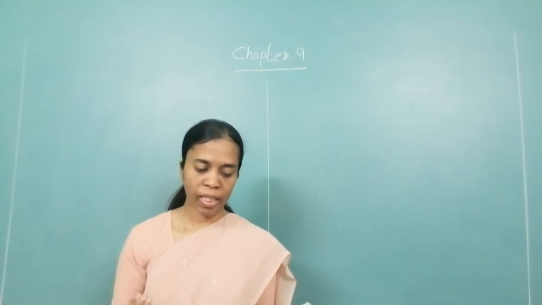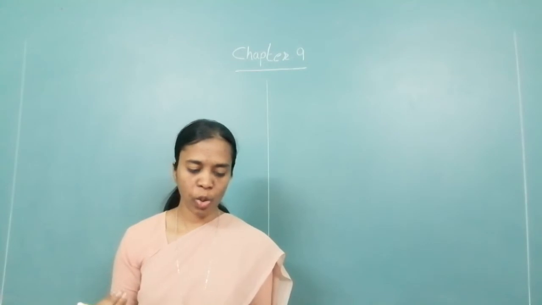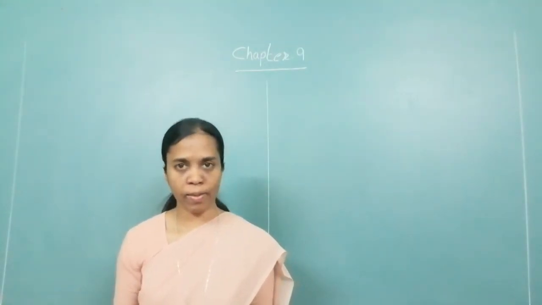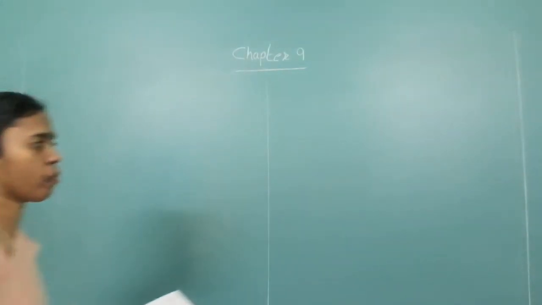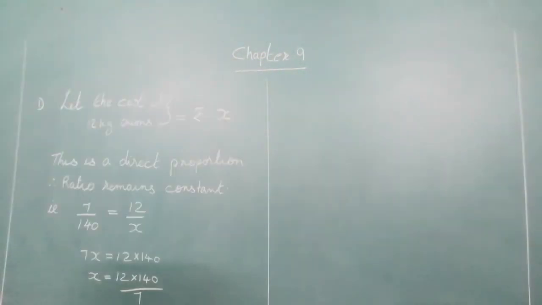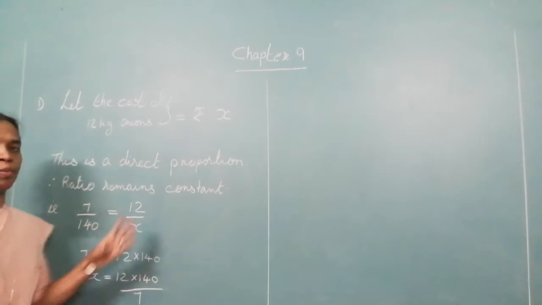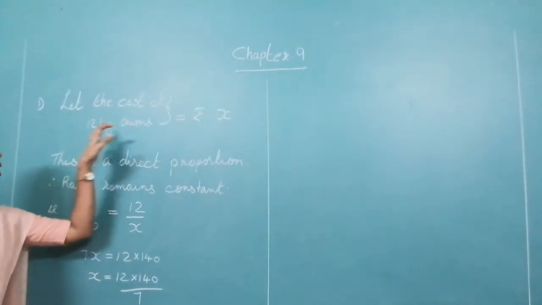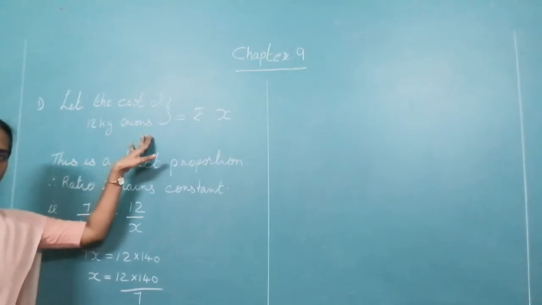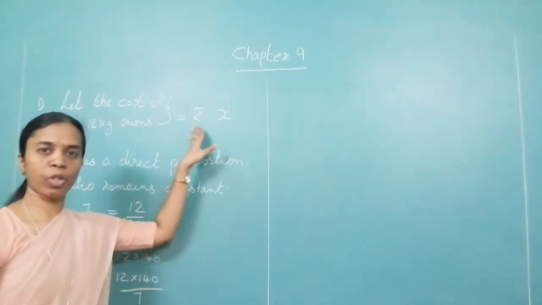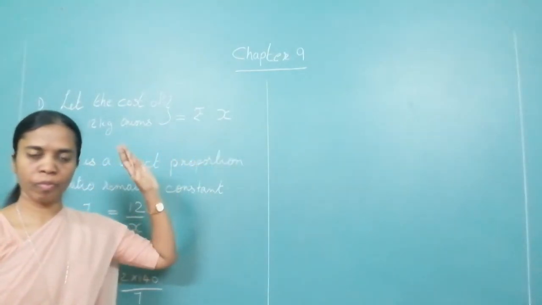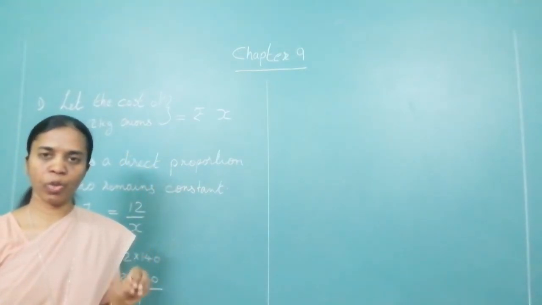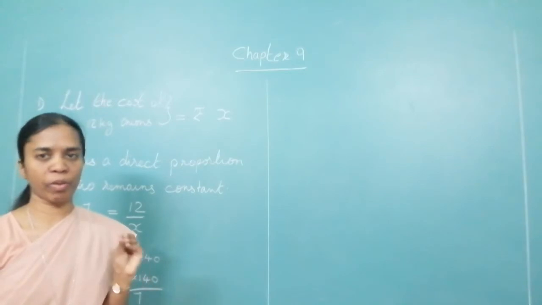So first step will be, let the cost of 12 kg onion be rupees X. This is what we have to find out.